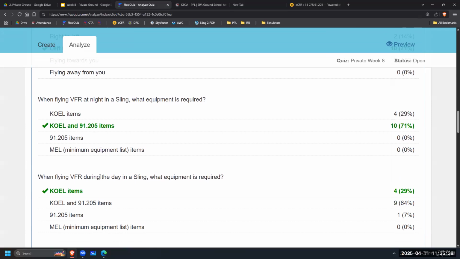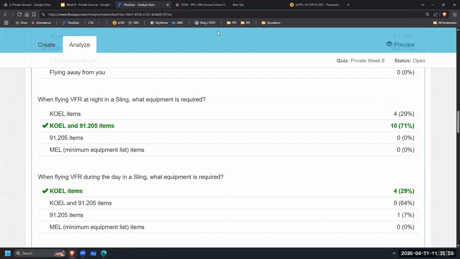When flying VFR during the day in a Sling, what equipment is required? There's your KOEL list. So if my airspeed indicator is not working, can you go fly? No. No, that's correct.